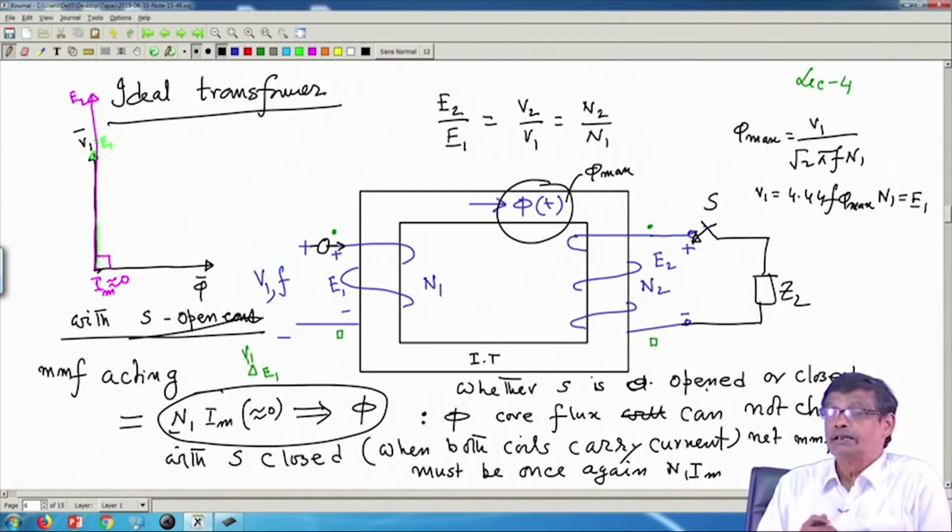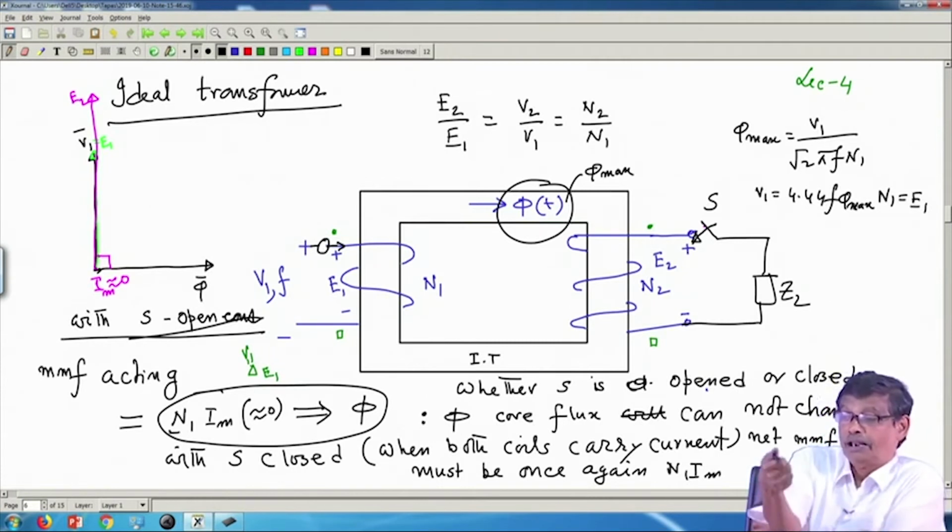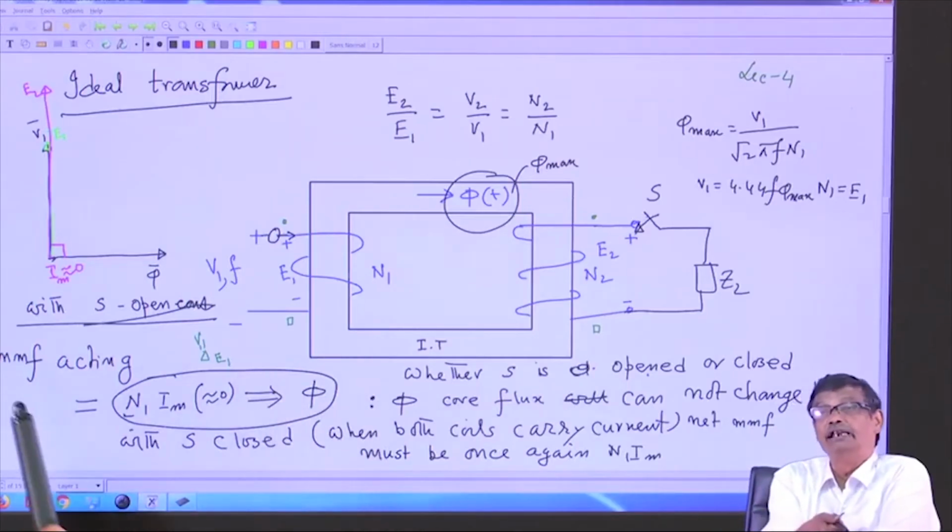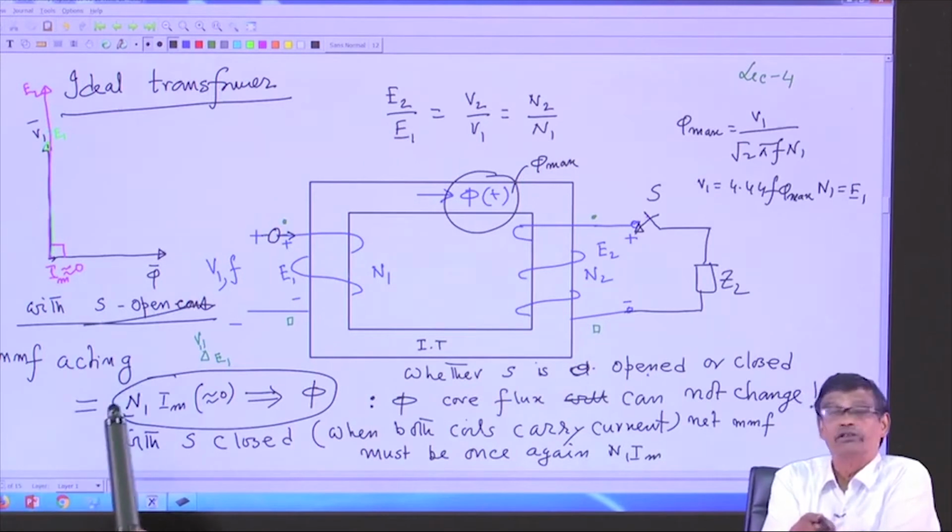Why it cannot change? Because this flux will make the KVL equation valid on the primary side.